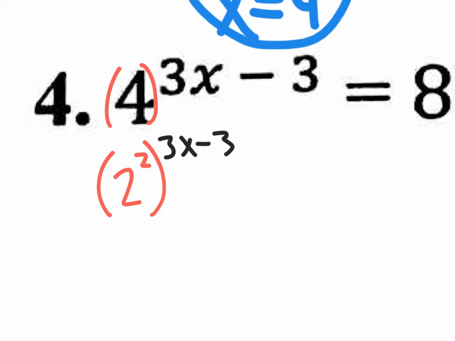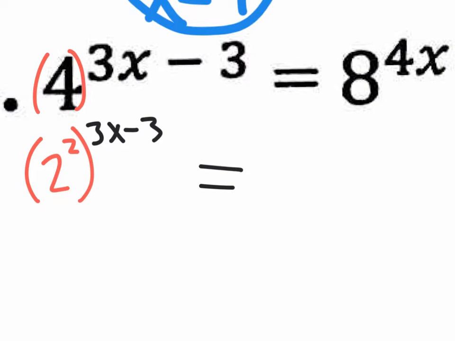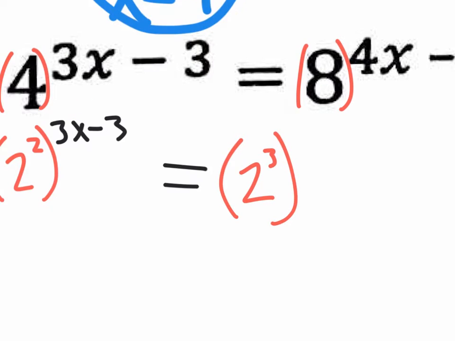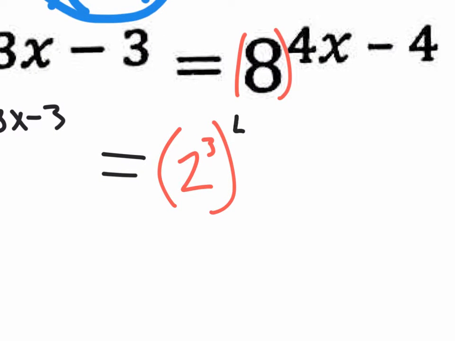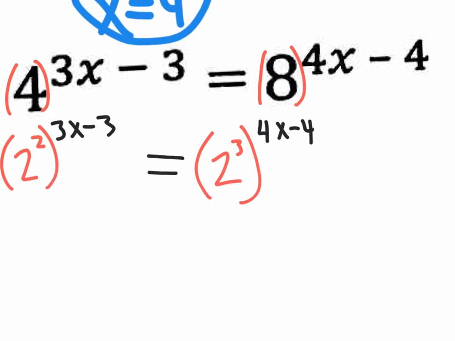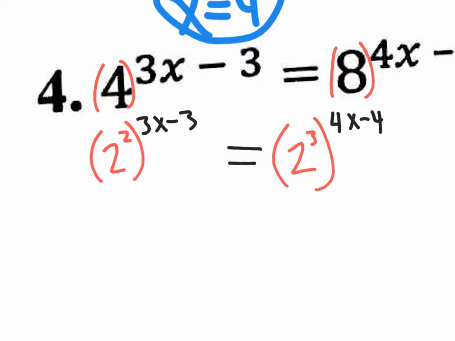Okay? And then we have the equal sign over here. And the 8, what are we going to change the 8 to become? We're going to change it to become a 2 to the third. Now, we still have the outside exponent of 4x minus 4 that we see up there. Keep in mind, guys, that when you have a power to a power, you multiply.